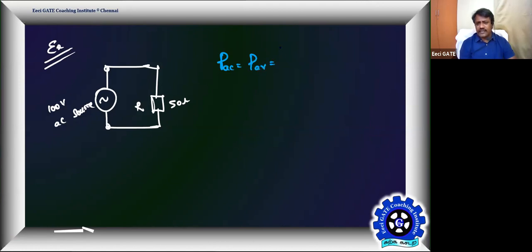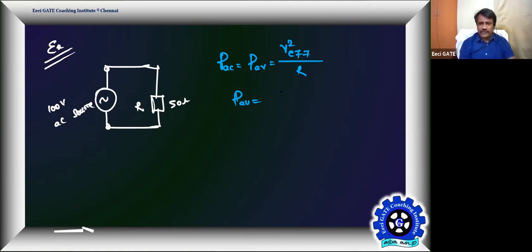So that is nothing but V square effective, since it is directly connected across your resistor, divided by R. So directly we can say the AC power or average power delivered to the load or delivered by the source. When you say with respect to the source, delivered by. When I say with respect to the load, delivered to. So use delivered by and delivered to depending on which element you are referring. It's average power delivered by the source, and average power delivered to the load or absorbed by the load.